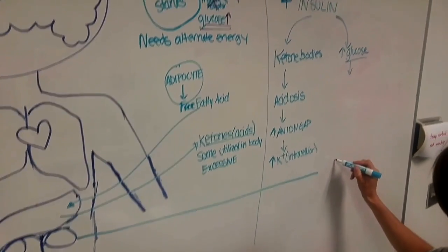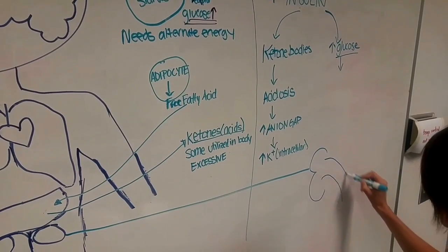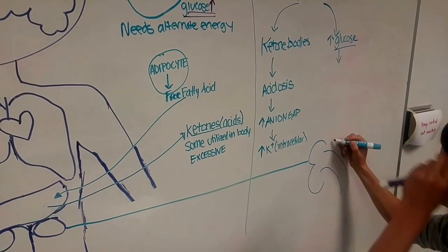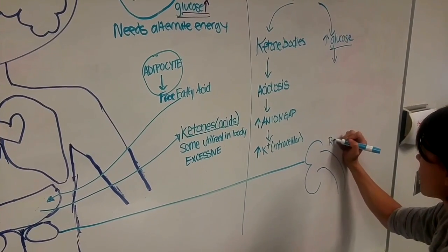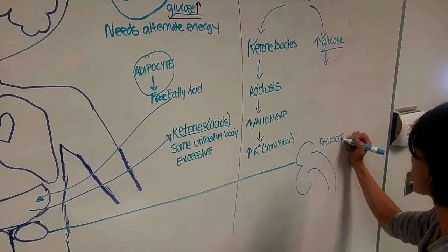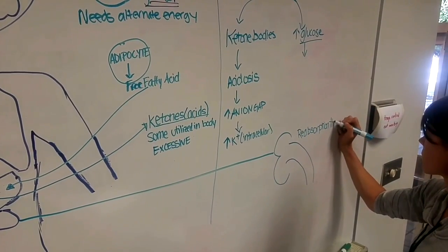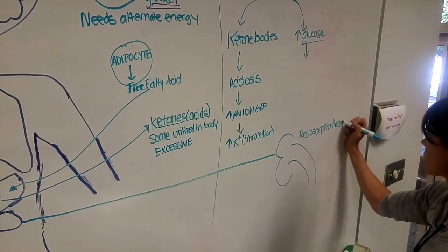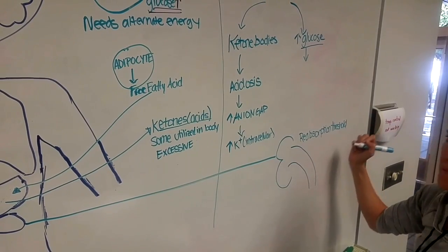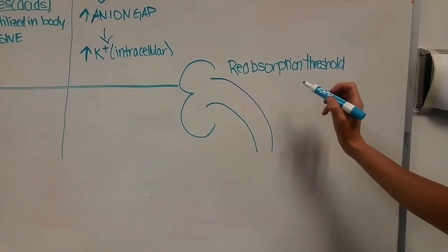So here in the kidneys, I'll just kind of blow up the kidneys here and look at what's called reabsorption threshold. The kidneys and the body reach a level where there's too much glucose circulating, and the body does try and compensate in different ways to get rid of the imbalances that are occurring.